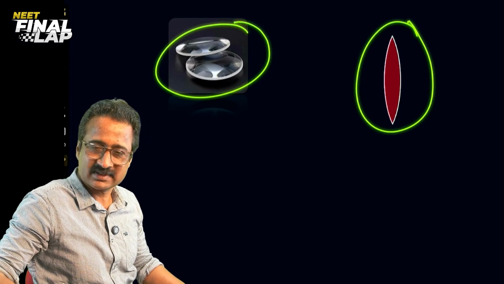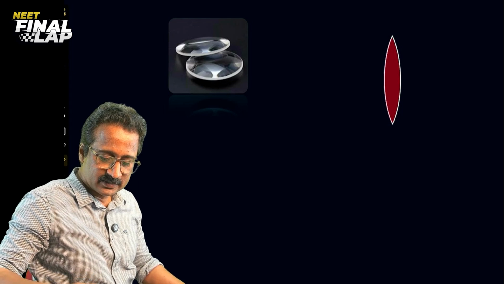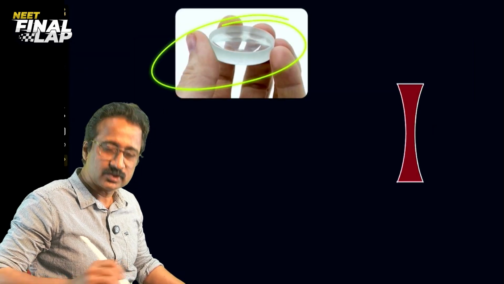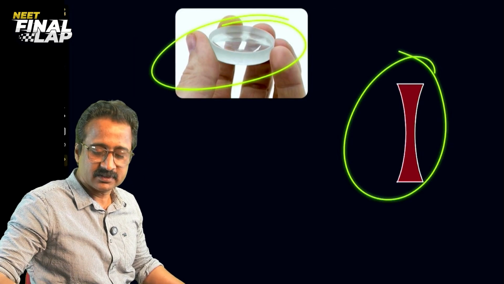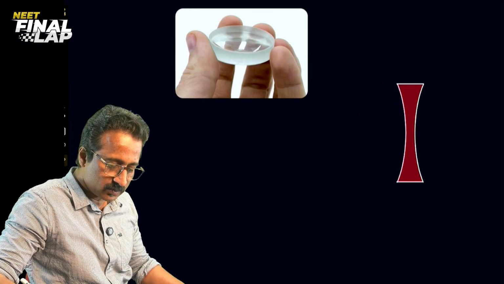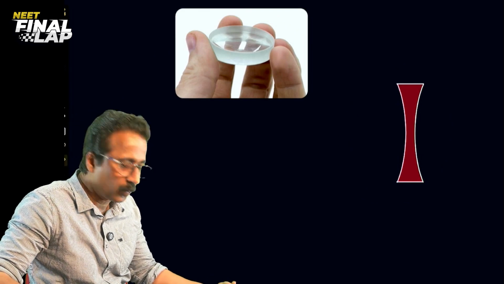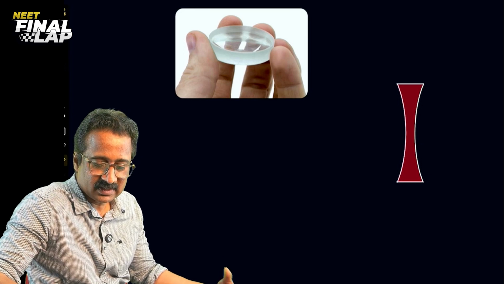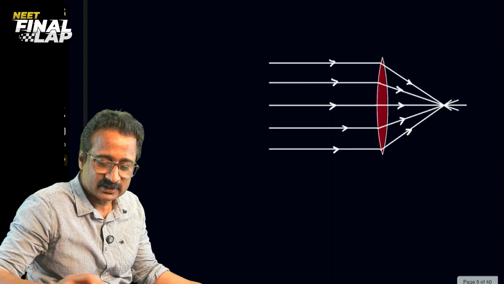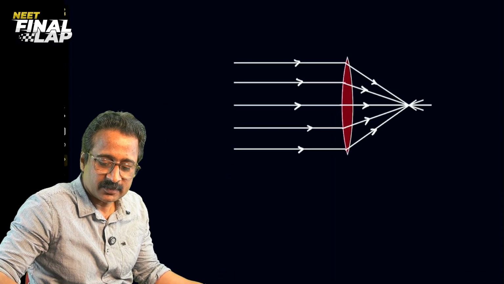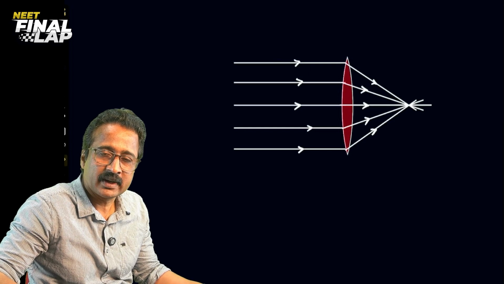This is a convex lens, that's how we describe it. Similarly, the concave lens, this one, will be described like this also. So these are the ways we are going to describe these lenses. Now, to understand the difference in the way they behave, we'll consider light rays passing through these lenses. Here is the response of a convex lens when a parallel beam of light is passing through such a lens.